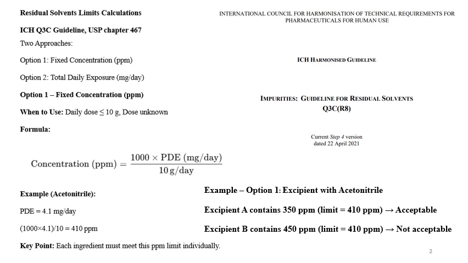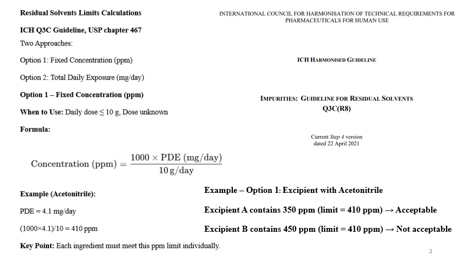Example, acetonitrile PDE is 4.1 mg per day. So 4.1 times 1000 divided by 10 will become 410 ppm. The main understanding behind option 1 is that each ingredient, along with the excipients and drug substance, must meet the ppm limit individually.